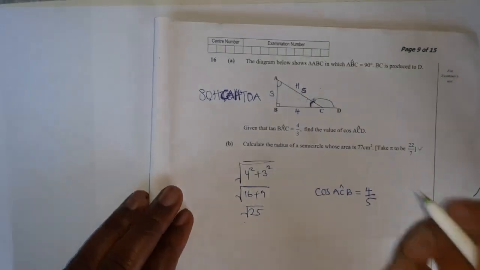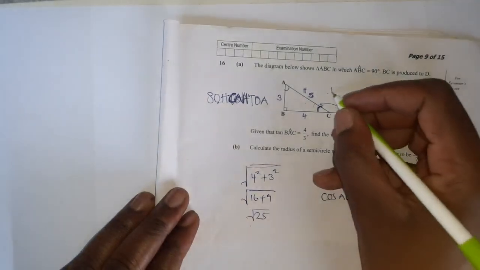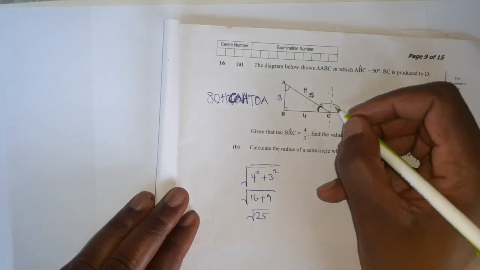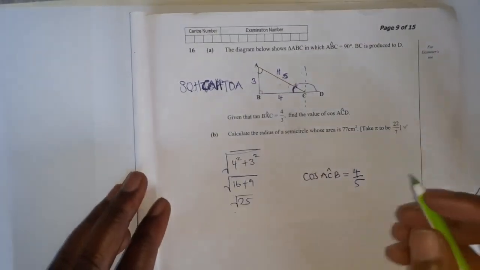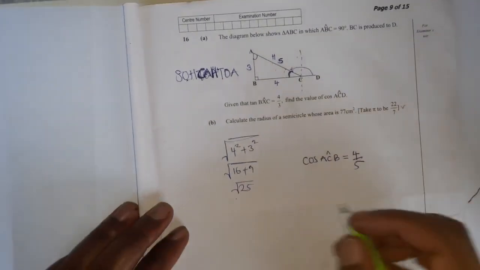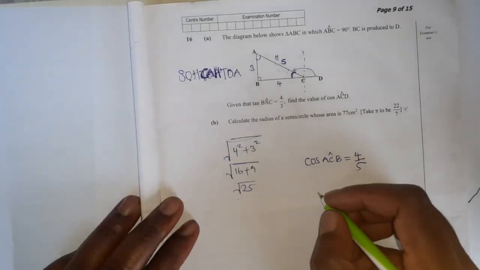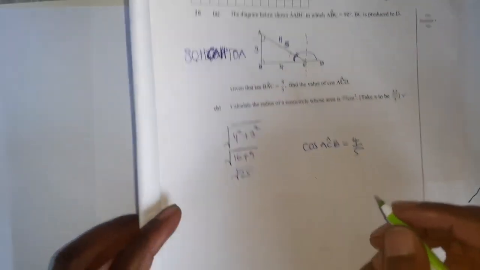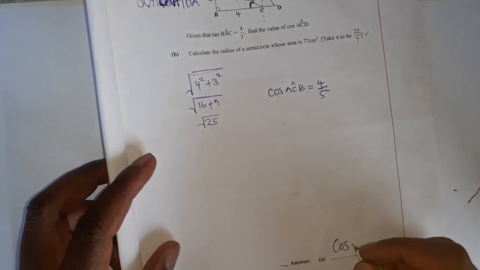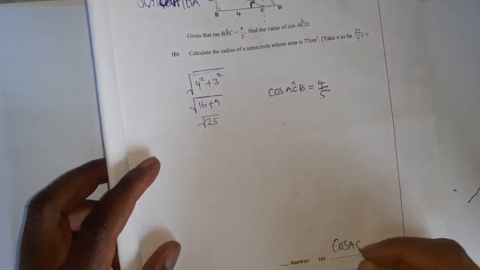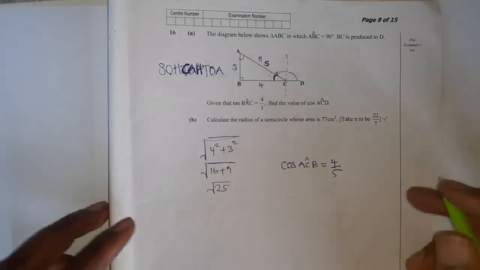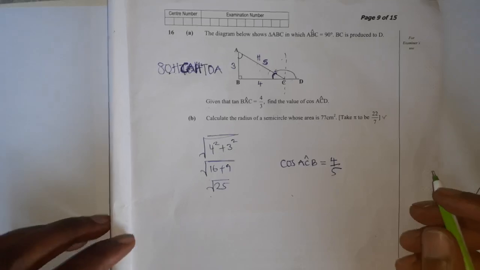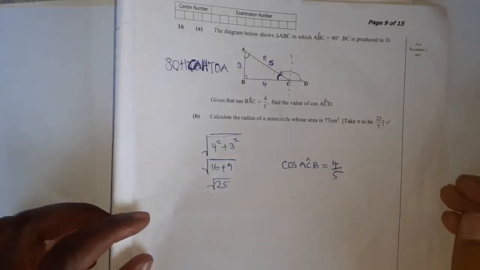If we take you to the rules of quadrants, this angle is in the second quadrant, and in the second quadrant, cos is negative. So cos ACD is going to be negative 4 over 5, because cos is negative in the second quadrant. That is what we're going to have there.